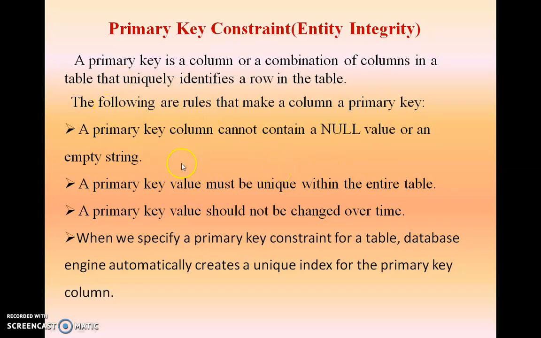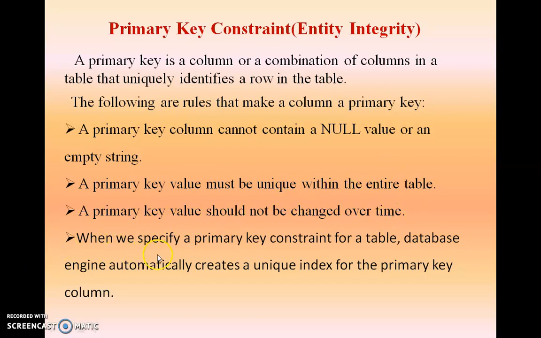The second rule for the primary key column is that the primary key value must be unique within the entire table. When we enter a value for that column, the value must be unique; it is not duplicated throughout the column. A primary key value should not be changed over time.